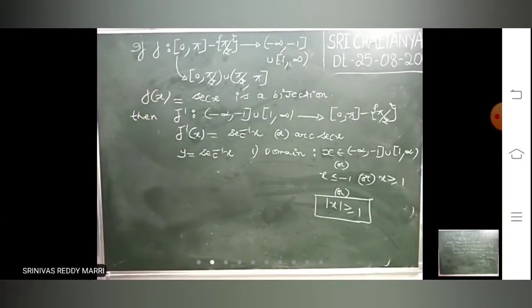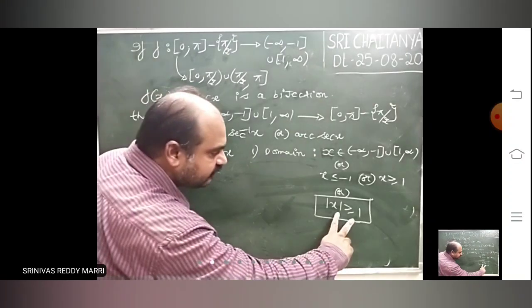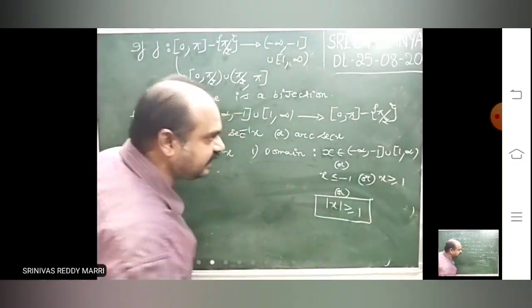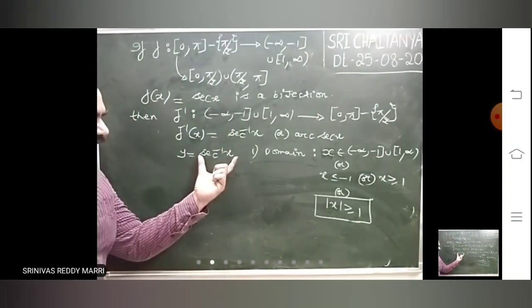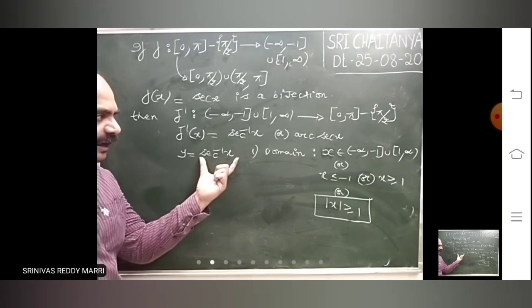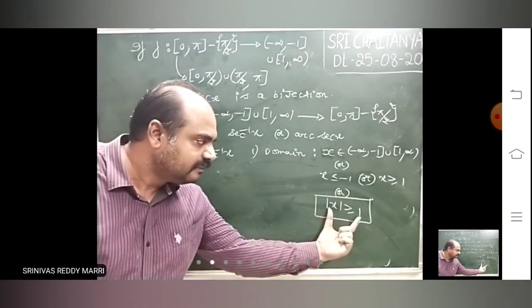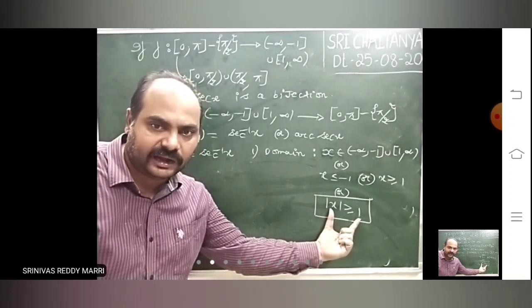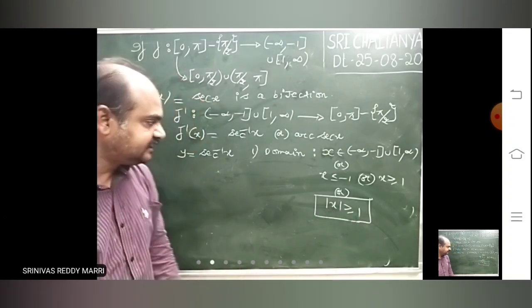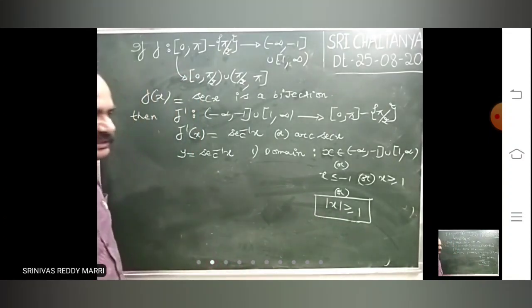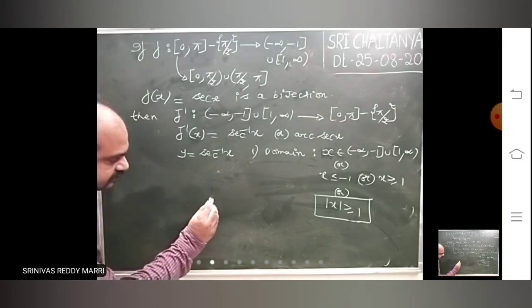Bring this side: x plus 1 into x minus 1 greater than or equal to 0. What is the interval you will get? This only. Simple. Whenever secant inverse x is defined, the domain rule is to write modulus x greater than or equal to 1. Inside whatever it is, modulus greater than or equal to 1. So that is the domain. Range.